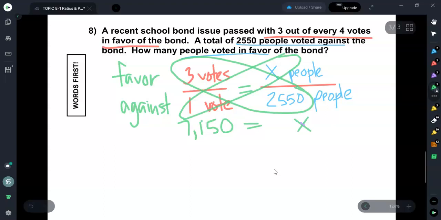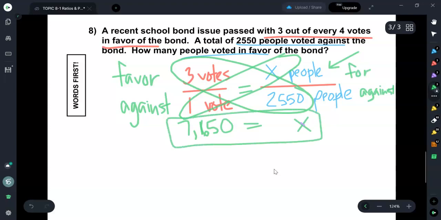I knew I was making a mistake there. So I've got 7,650. Now, what am I solving for? Remember, these were people against. So these were people in favor. So there's your answer. You're just solving for X. 7,650 people. Make sure you put your units.